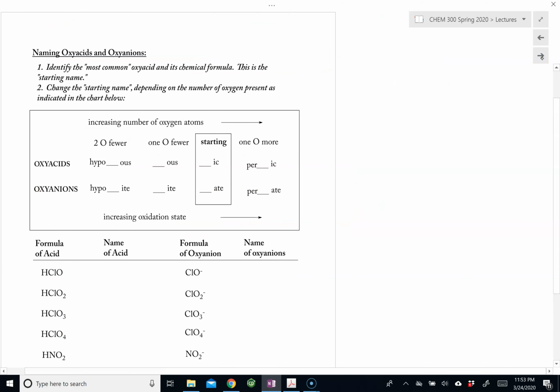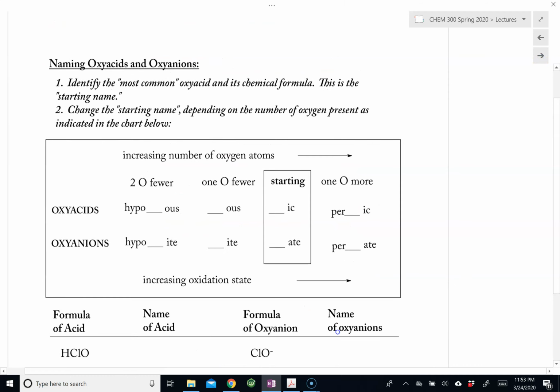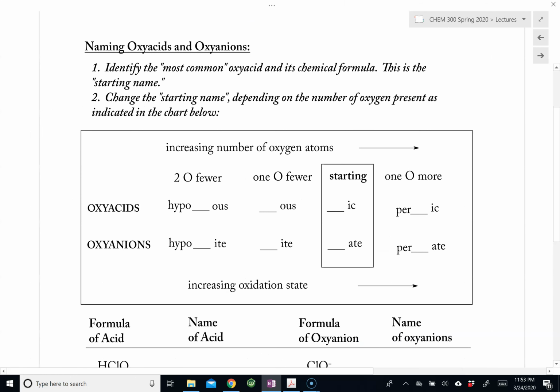So let's go over this method: how we would name the oxy acid and the oxy anion systematically. This is what we do first. First, we identify the most common oxy acid and its chemical formula. This most common acid is from the list of the 5 oxy acids that we asked you to remember on the previous page.